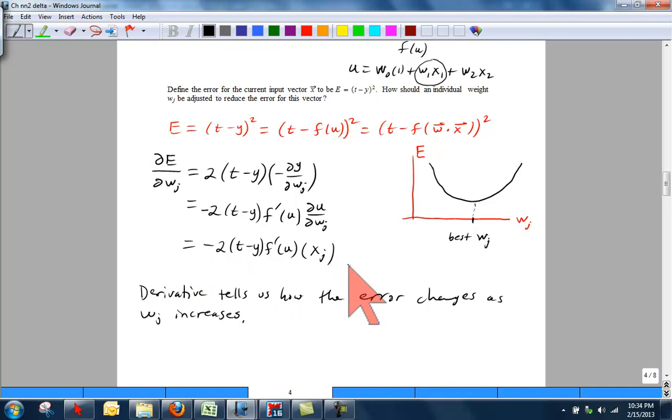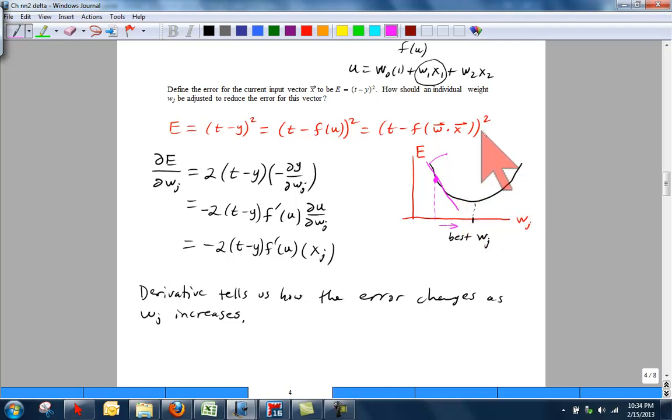Now, look at what we have. If I'm currently right here, then the derivative is the slope of the tangent line, remember. Here I'm in a situation where to go to the best weight, I actually want to increase the weight. And yet the derivative is negative.